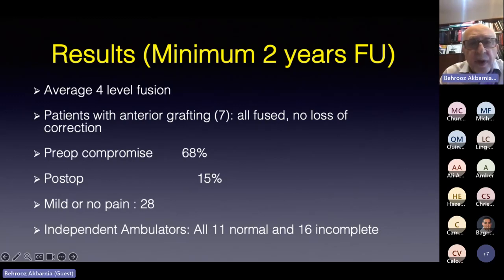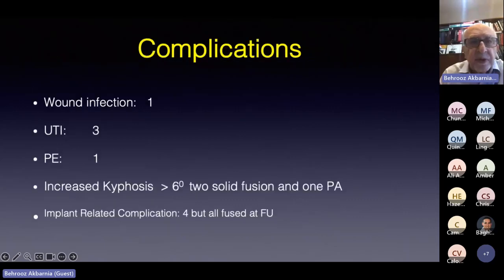They had mild or no pain in 28 patients, and independent ambulators, all 11 normal and 16 incomplete patients. Complications, usual complications: wound infection, 1, UTI, pulmonary embolus, increased kyphosis over 6 degrees, 2 were fused actually at the 2 years follow-up, and 1 had pseudarthrosis.